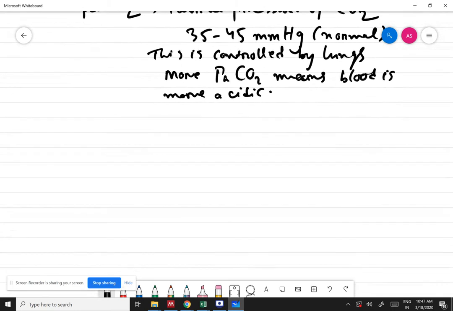Okay, then there is another important parameter, which is HCO3 minus, or bicarbonate ion concentration.